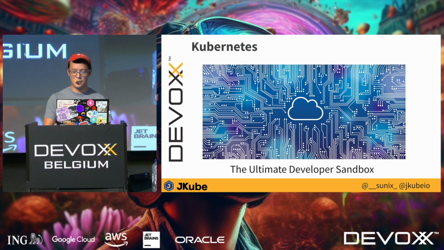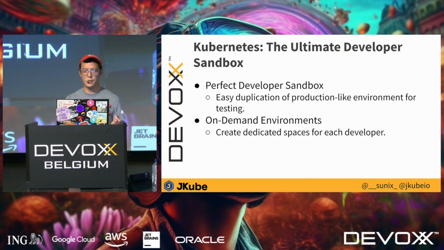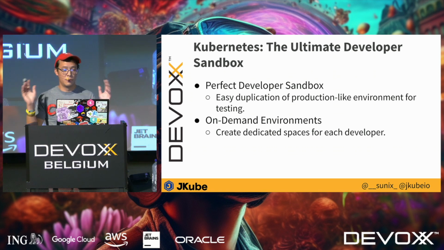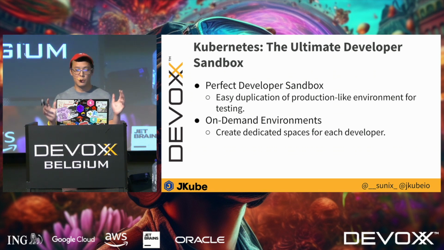What I mean is that, as I told you, the infrastructure is in the YAML, so you can easily take the same YAML that you use for your production environment and reapply it for your testing environment. Normally, it should be very similar, very production-like.